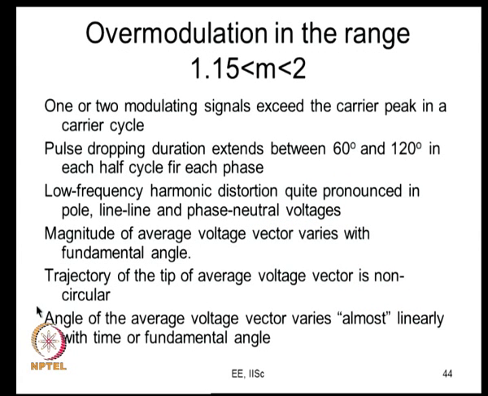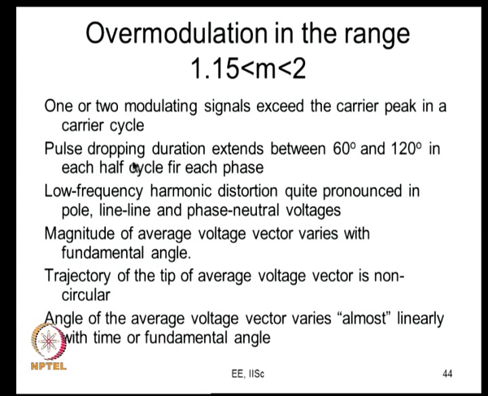So, now I am going to look at this range, 1.15 to 2, where m is the modulation index. So, for this range now 1.2 was really representative. What happens is 1 or 2 of the 3 modulating signals exceed the carrier peak in a carrier cycle. You consider any arbitrary carrier cycle, you will sometimes find one modulating signal exceeds the carrier peak, sometimes you will find 2 modulating signals exceeding the carrier peak now.